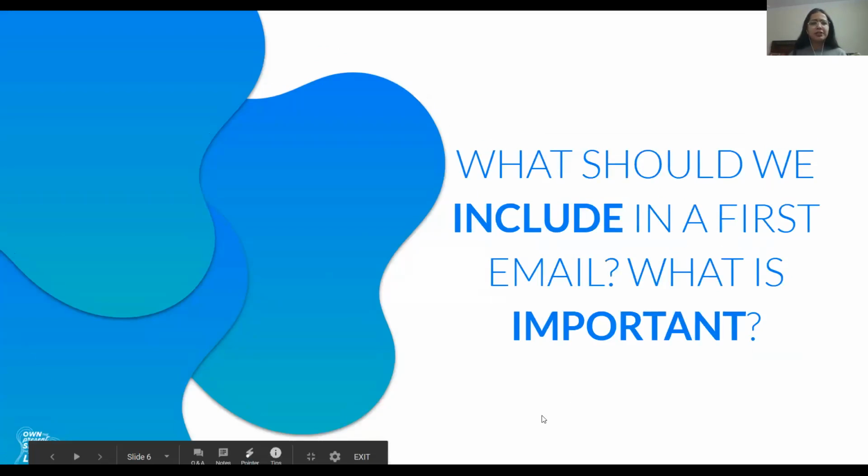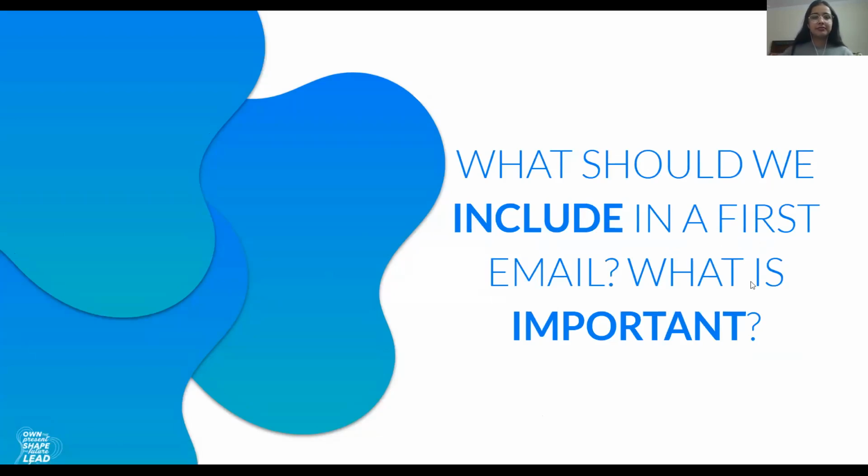Just type it in the chat box. If you want to unmute yourself, that's completely fine as well. So what do you guys write in your first email? All right, Jika says, introduction of what ISIC is, what's my position and what we're interested in pursuing.